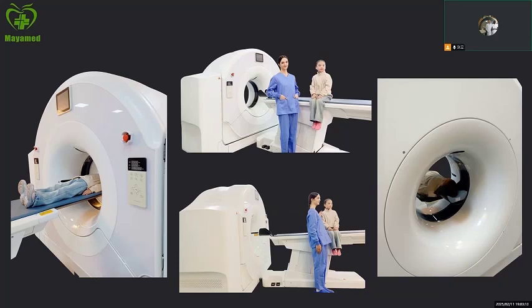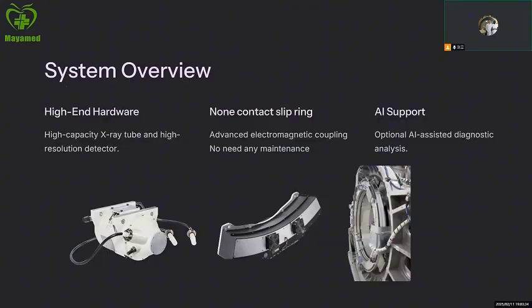As we can see, this CT has a very modern look. The console, the touch screen, and we can see the doctors and also the patients are very comfortable during the scan. So this is a very good appearance design.